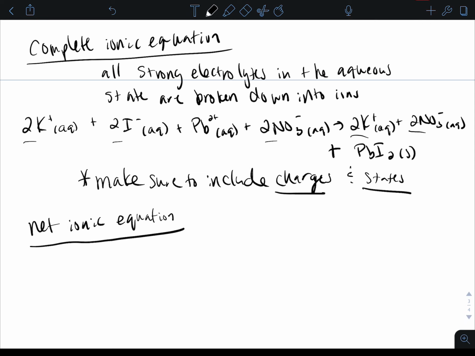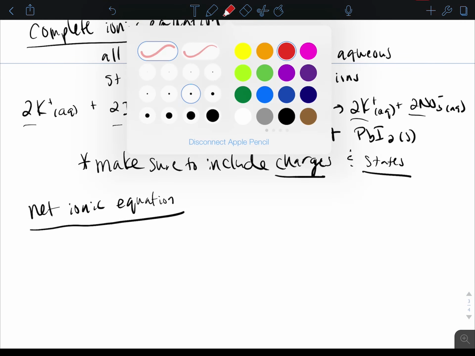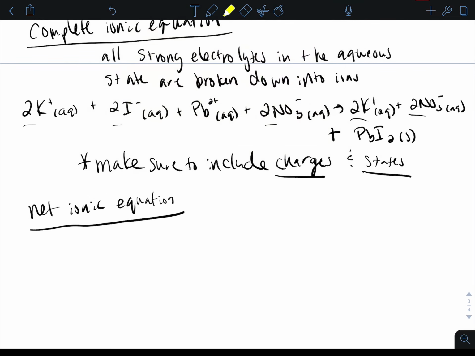You guys will be writing all three: a molecular equation, a complete ionic equation, and a net ionic equation. And here we're going to remove anything that is the same on both sides. So our 2K+, 2K+, 2NO3−, 2NO3−. We do not, however, remove our iodide or our lead because they combine to produce our solid.